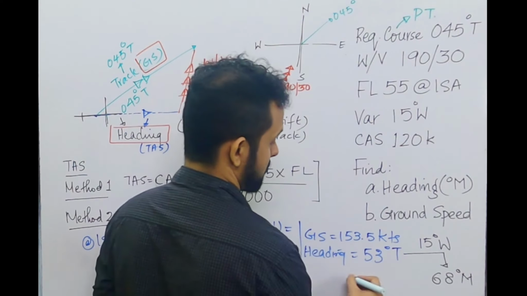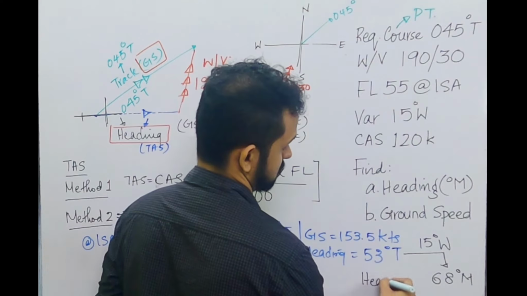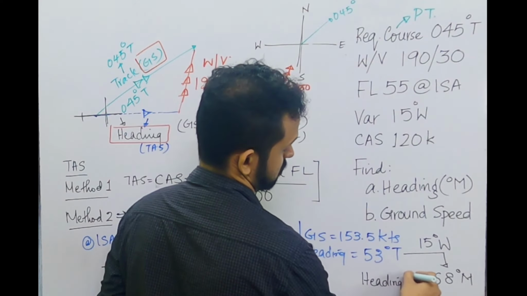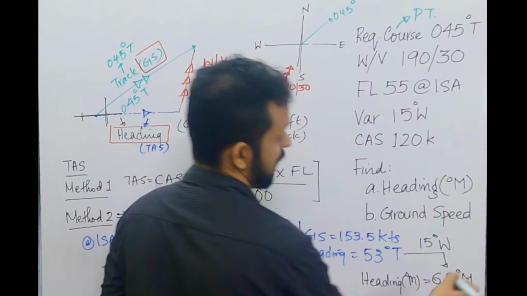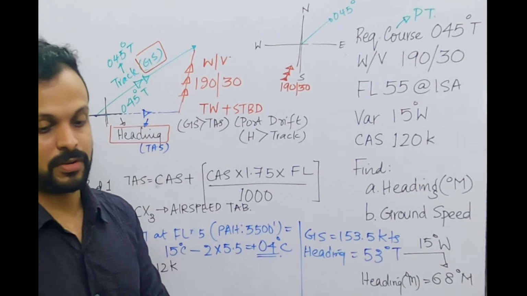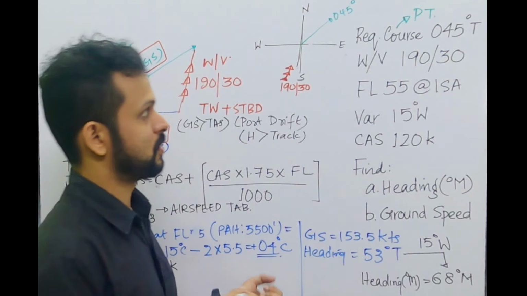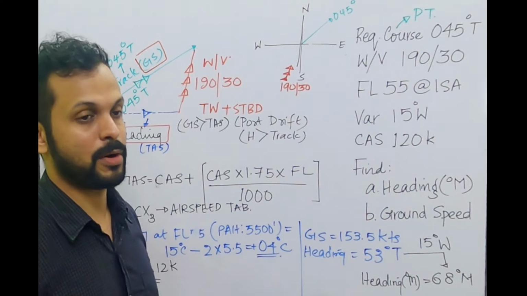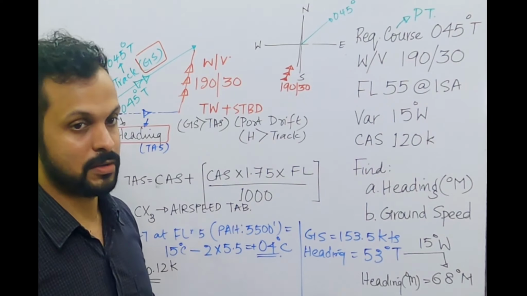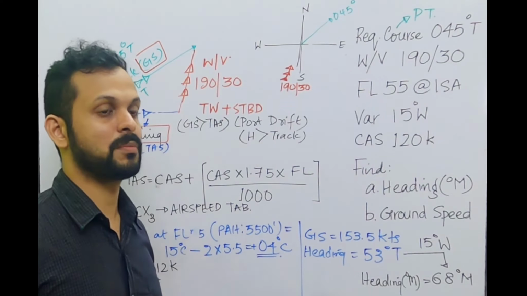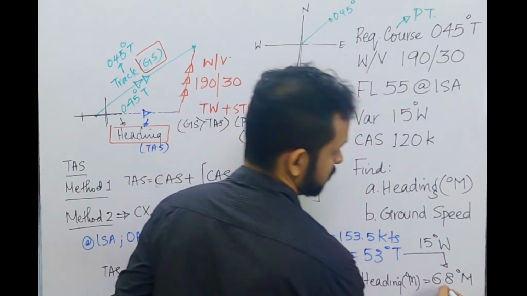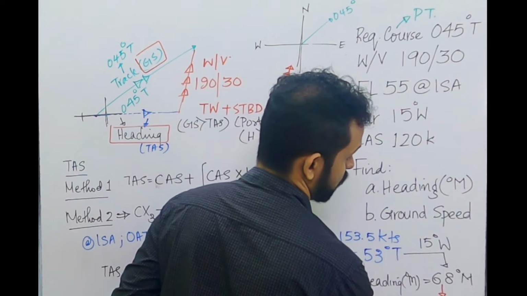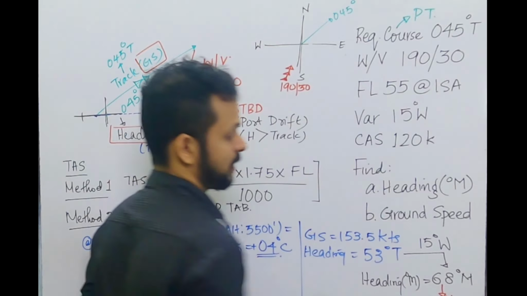This is your magnetic heading. And this is the one that goes into the aircraft, because the aircraft does not know about true, it is least bothered about the shape and geometry of the earth. I'm not talking about the INS systems here, but basic systems are not really aware of the structure of the earth at all. And this is the heading that goes to the aircraft, right?